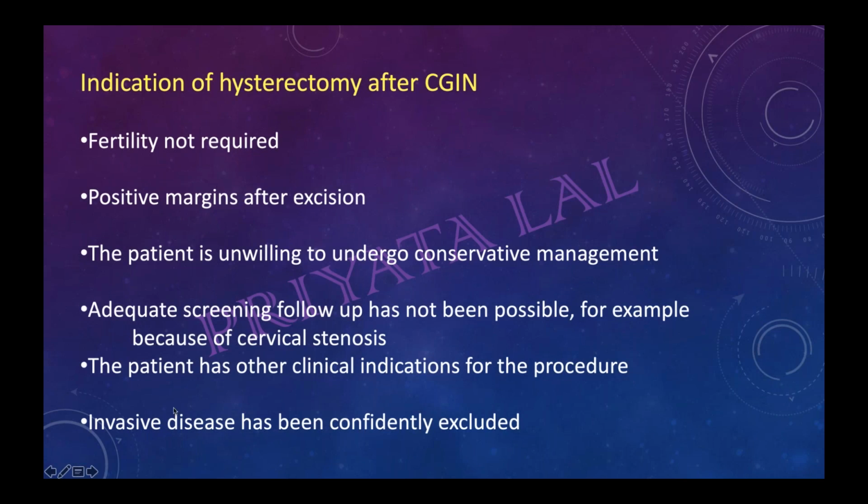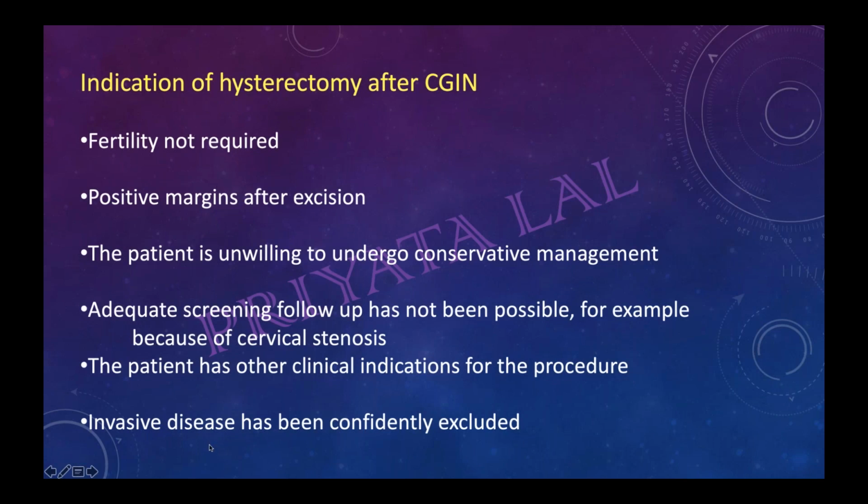And if invasive disease has been confidently excluded. Because if invasion is there, you will treat this patient according to the cancer pathway, so in that situation you can't only do hysterectomy. If invasive disease has been confidently excluded, you can offer this patient hysterectomy. So these are the indications of hysterectomy if your diagnosis is CGIN.